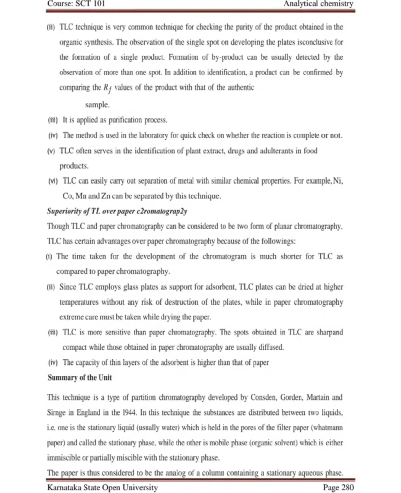And the next one is the superiority of TLC over paper chromatography. What is the more benefit? What is the use of TLC compared to paper chromatography? That is the topic here. The time taken for the development of the chromatogram is much shorter for TLC.